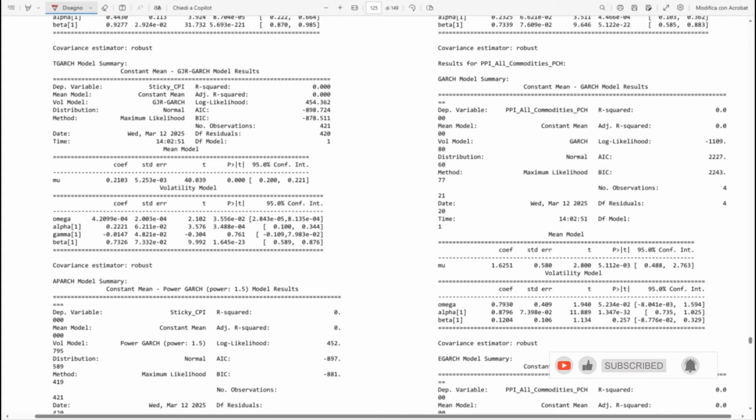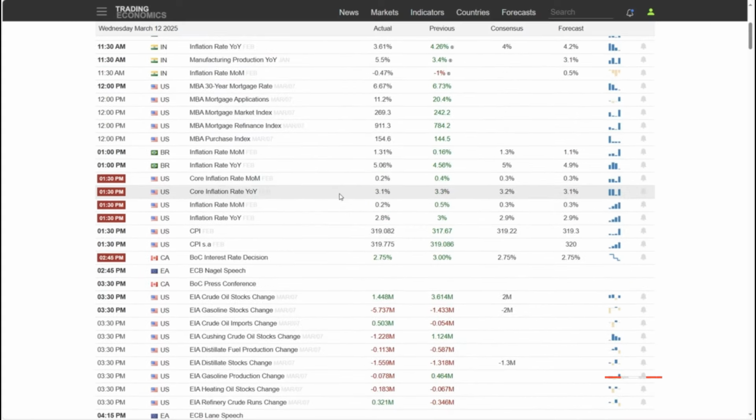So if this month's data, the data of February, paint a rosy picture for inflation, okay, it's all well and good. Let's say the Federal Reserve will cut the base rate from 4.33 to 4%. I don't mind. It's got nothing to do with them. It's not my issue.